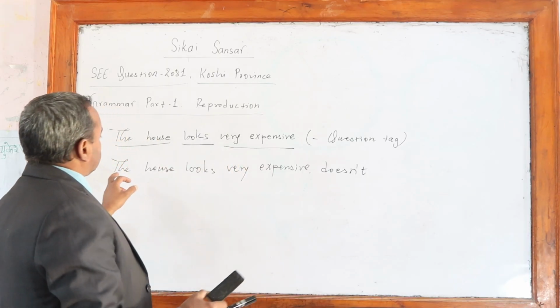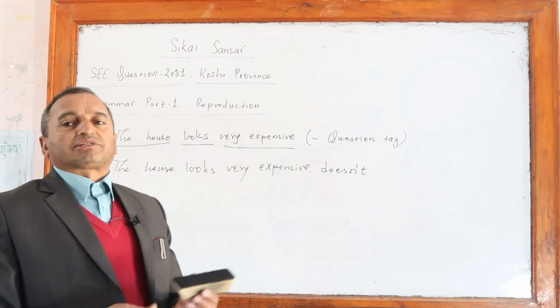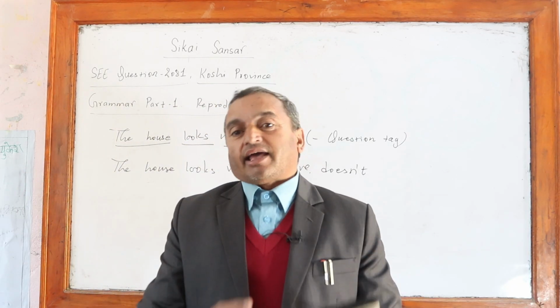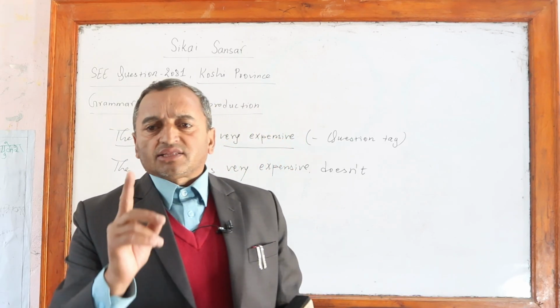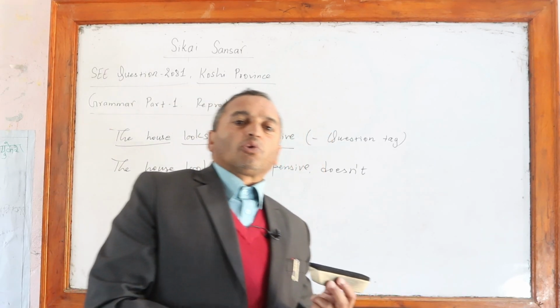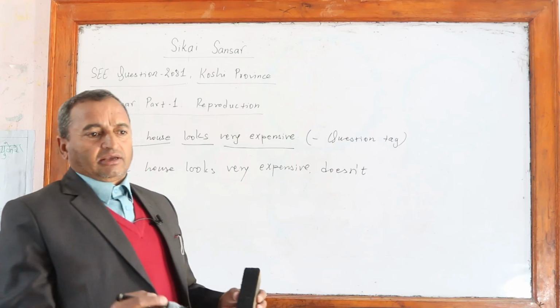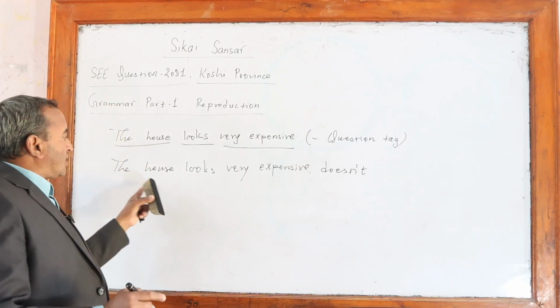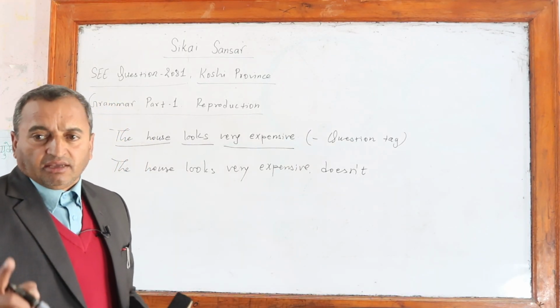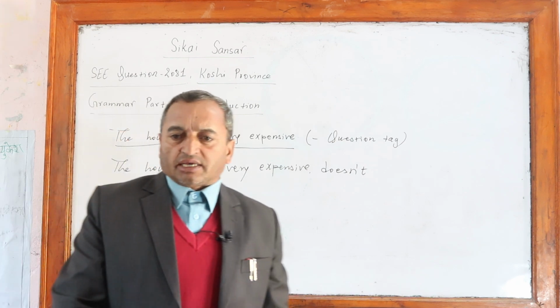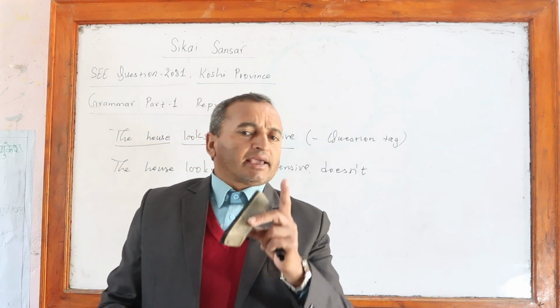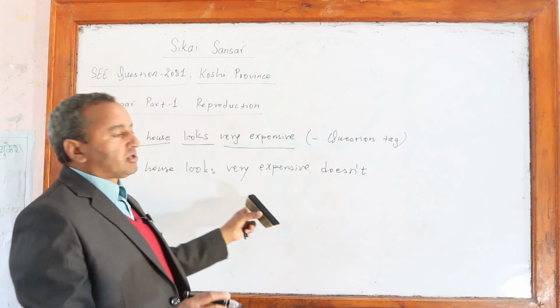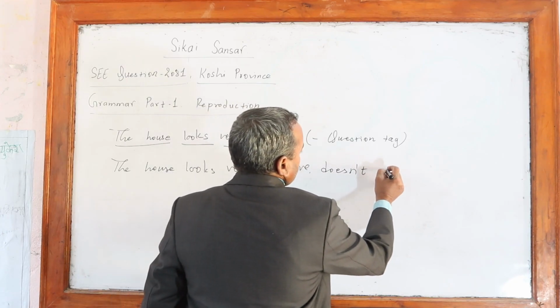The subject is the house. The house is a singular subject, and again it is a thing. Okay, so we have to supply "it". The pronoun for the singular, for a thing, animal, bird, is "it". So we have to write it here.